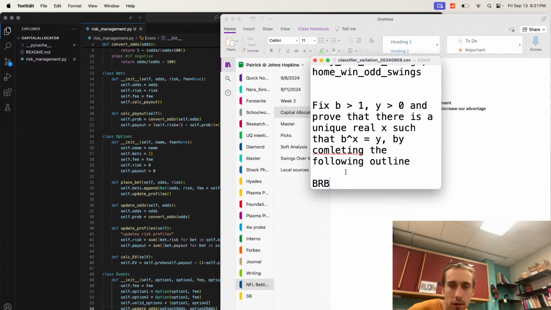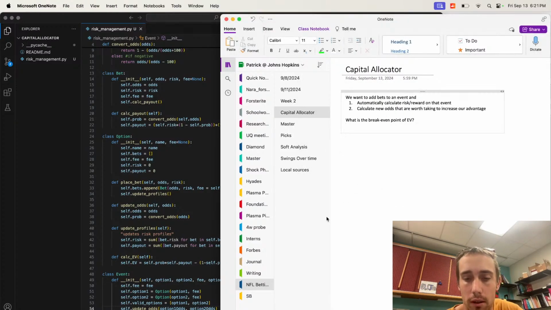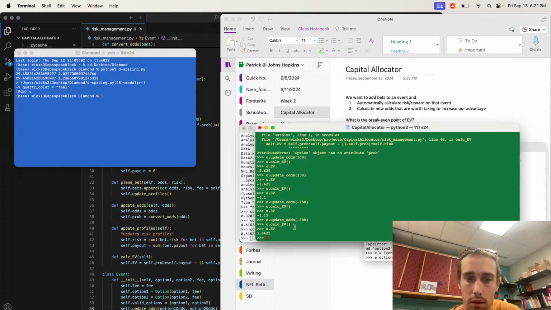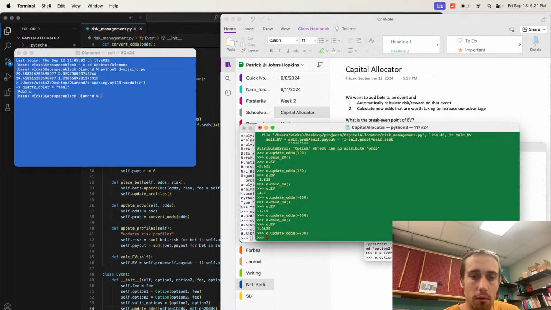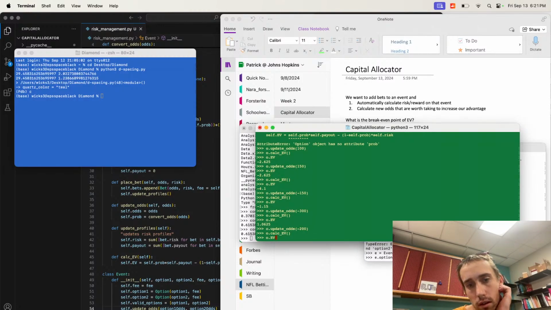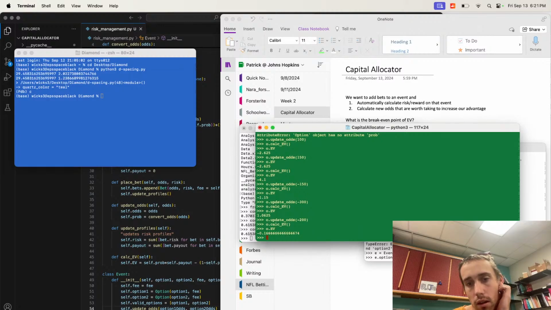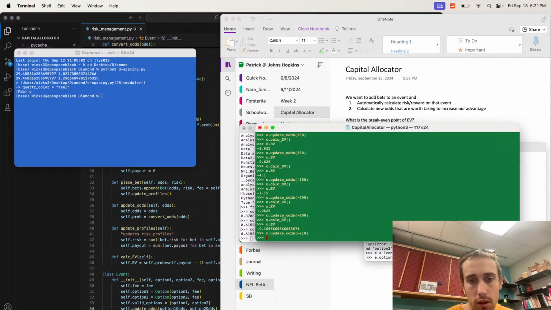Okay, so now we want to figure out what's the break-even point for expected value? So minus 200, so if it swings, okay, so it's really small, minus 210.